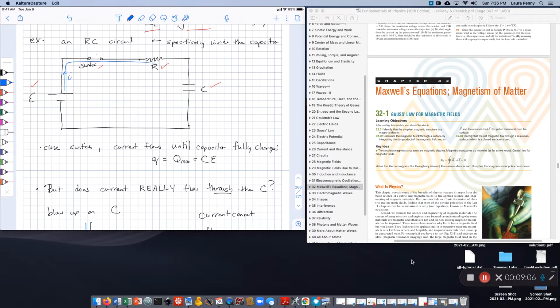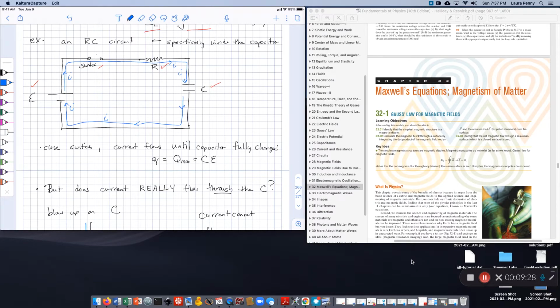Current's going to come through my resistor and down here to my capacitor. If I have current coming out of my EMF, I've got to have current coming into my EMF, so I've got current going like this. And so we always show the current flowing around our circuit.